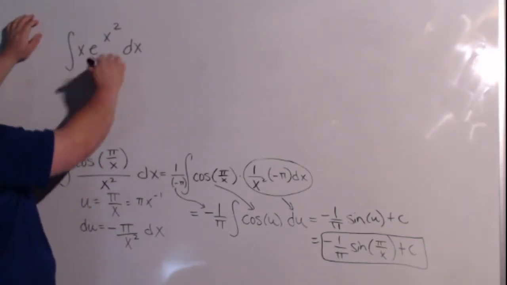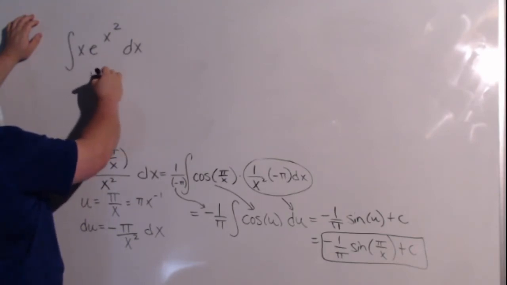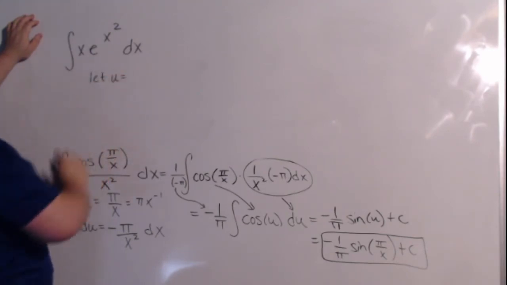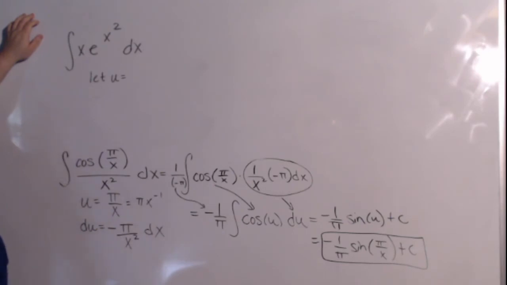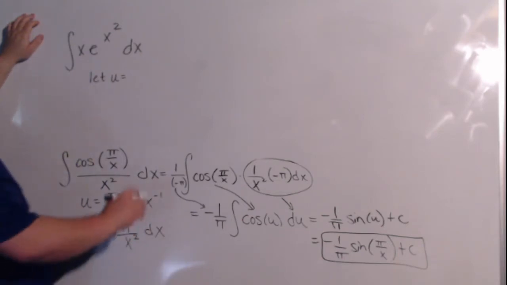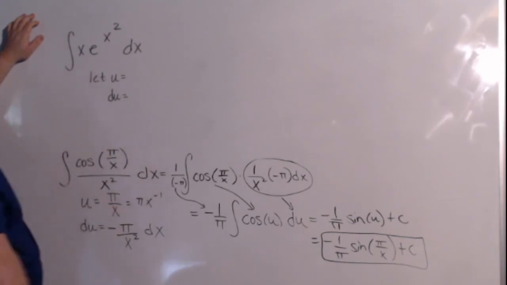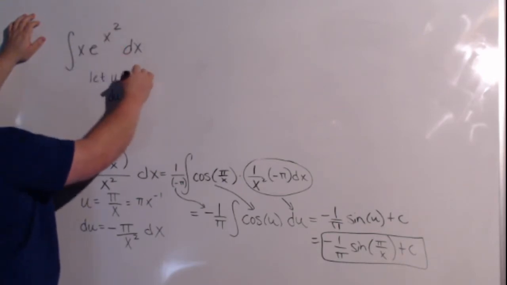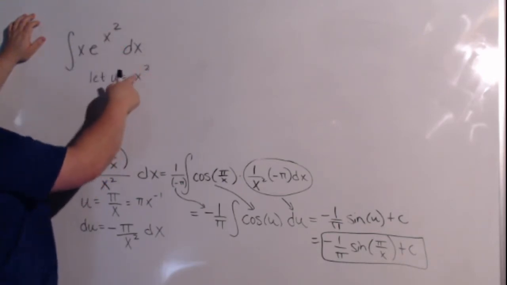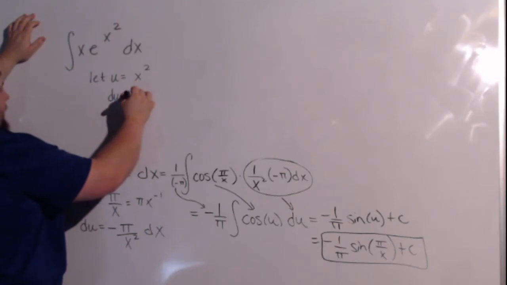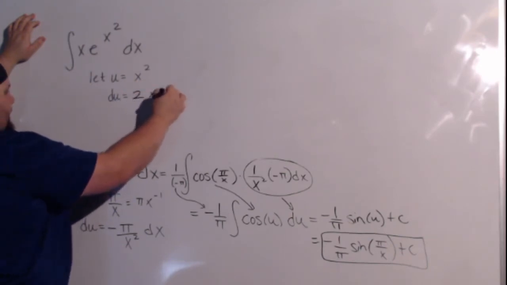So again, I need to let something equal u. Right, and again, this is why we call it u substitution. So let u equal, and then we need to find what would be the derivative of that. So I'm going to let u equal x squared, because the derivative of x squared is 2x dx.